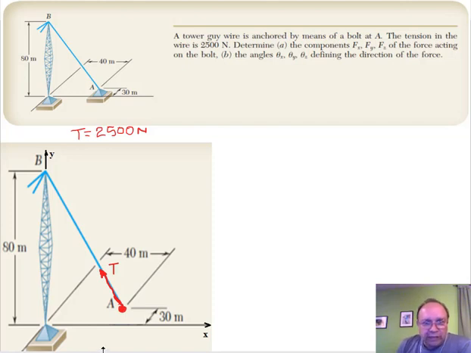So in order to get those angles, we need to see what are the components of the line that goes from A to B. In order to go from A to B, we need to move in the X direction this amount here, 40 meters in this direction. Let's call it dx.